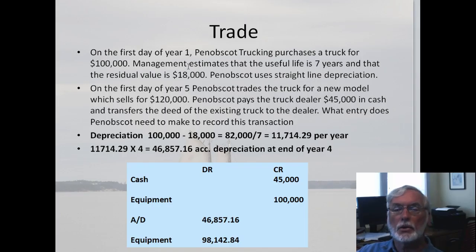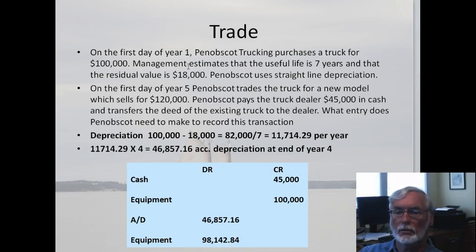On the first day of year 5, which would be the same as the last day of year 4, so there would be 3 years left in the life, 5, 6, and 7, they trade the truck for a new model, which sells for $120,000. Penobscot pays the dealer $45,000 in cash and gives them their existing truck. How do we account for this?